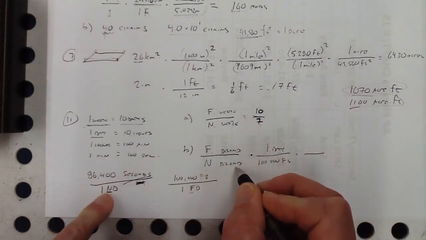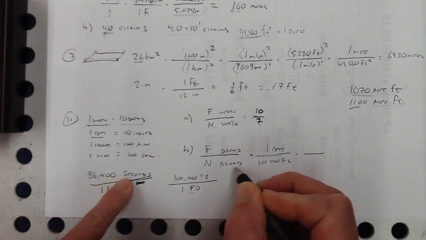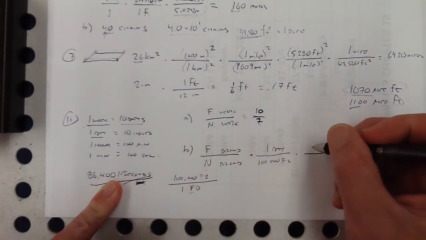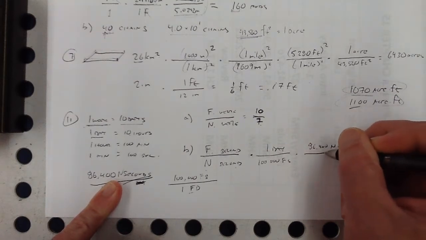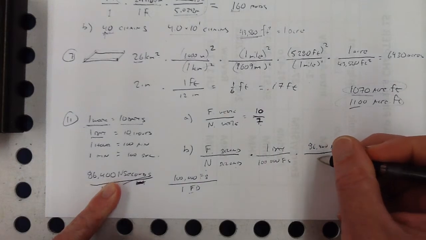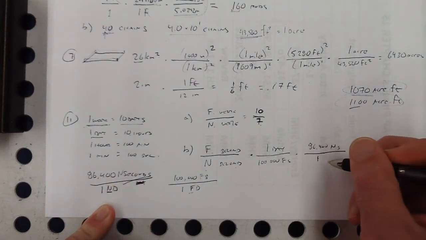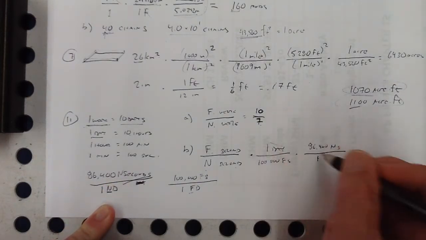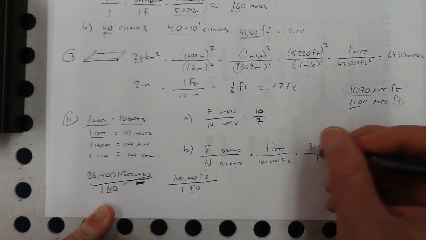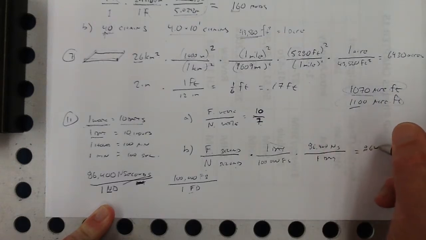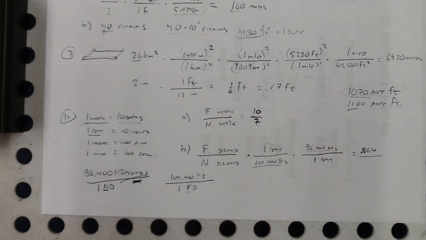And then normal seconds: if I want those to cancel out, then I have 86,400 normal seconds over one day. So the days cancel out, and I get a pure ratio of 86,400 over 100,000. So 0.864 would be that ratio.